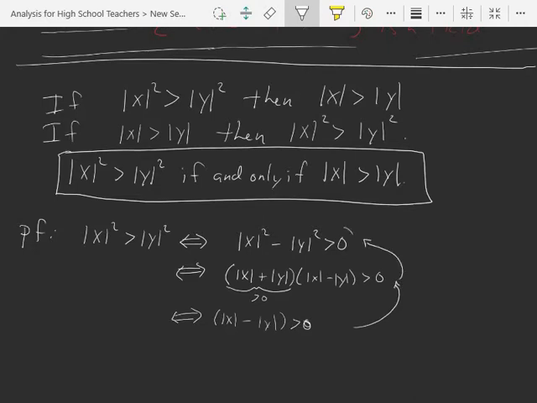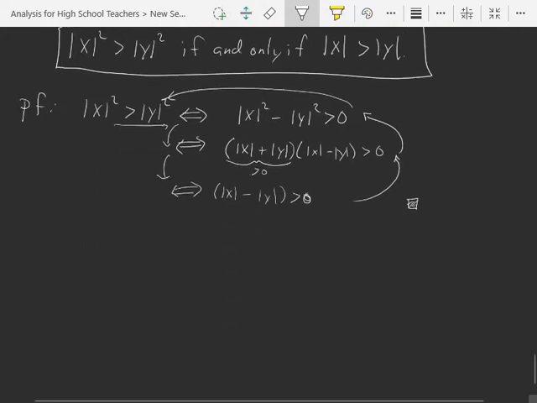We can go the backwards way or the forwards way, and this has proven that if and only if statement. Okay, so that's just a simple manipulation of inequalities. Something like this would be something you might do when you're trying to find limits of functions or continuity of functions in the future of the course.